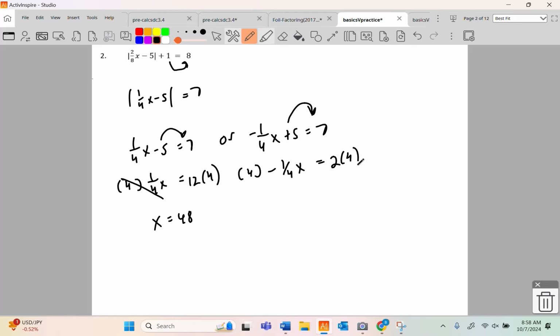You do it to both sides because you understand balance. 4's cancel. Negative x is 8. Divide out the negativity, and x is negative 8. There's your two answers. They're not the same, but yet 1 in probably 10 of you guys is going to pick the answer choice where they're the same number with different signs, because you're too hard-headed to realize that that's not how it works.